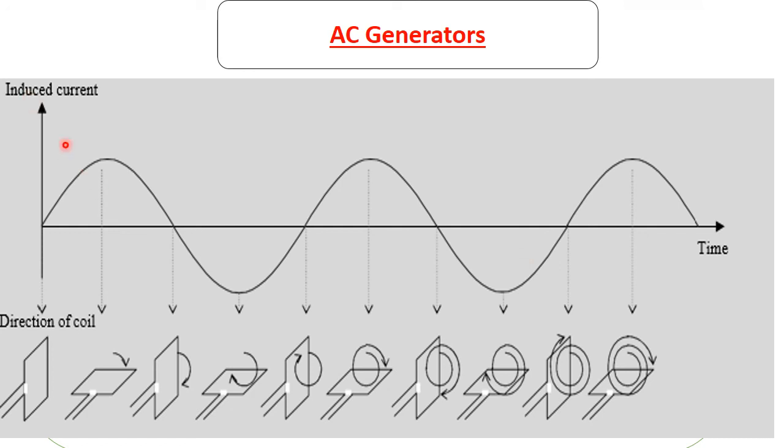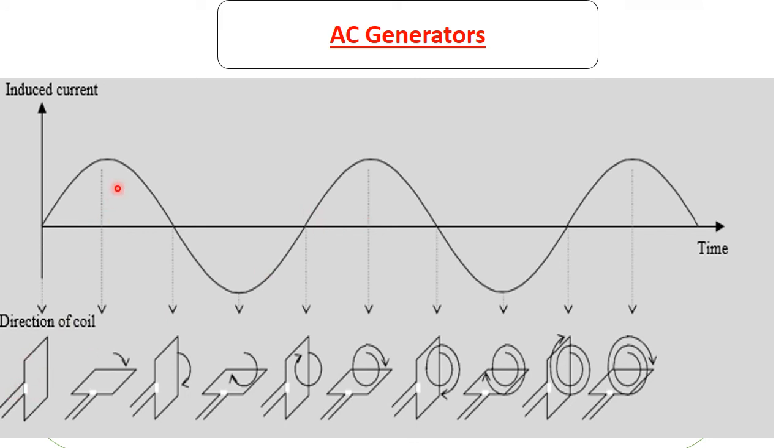So these sequences 1, 2, 3, 4, 5 keep on happening and will produce this kind of a wave. So the frequency of this wave is equal to the number of rotations of the coil per second. So if the coil rotates 20 times per second, then the frequency of this is going to be 20 Hz. So in short, if you have been given the frequency of the wave that is being produced, you can tell the number of rotations.